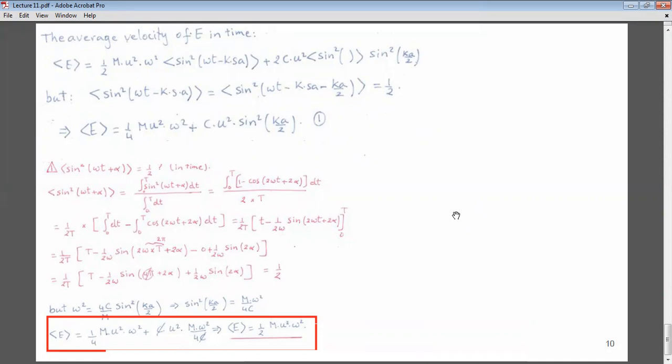And we use the fact that cosine A minus cosine B is minus 2 sine of A plus B over 2 times sine of A minus B over 2. And the integral of cosine alpha t dt is 1 over alpha sine alpha t. If you just use these 4 things and do the math properly, all the math here is explained, but you can try to do it on your own.